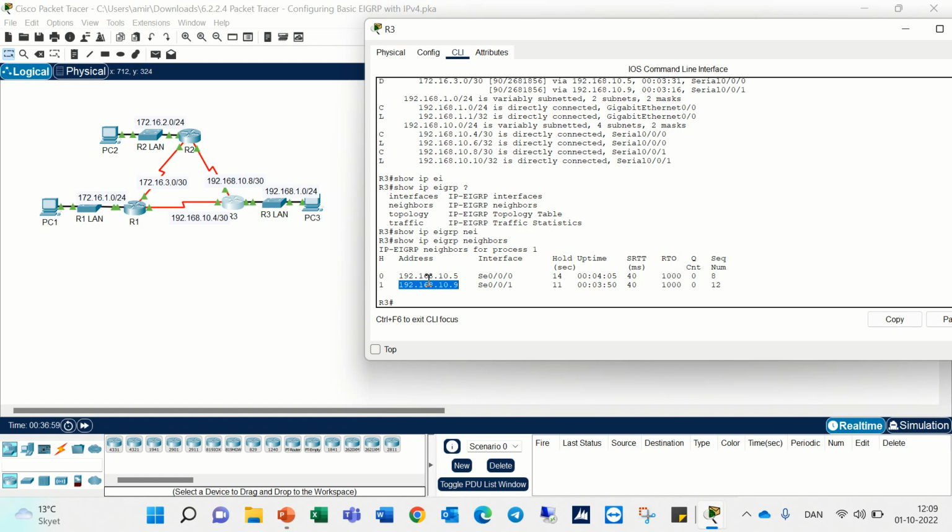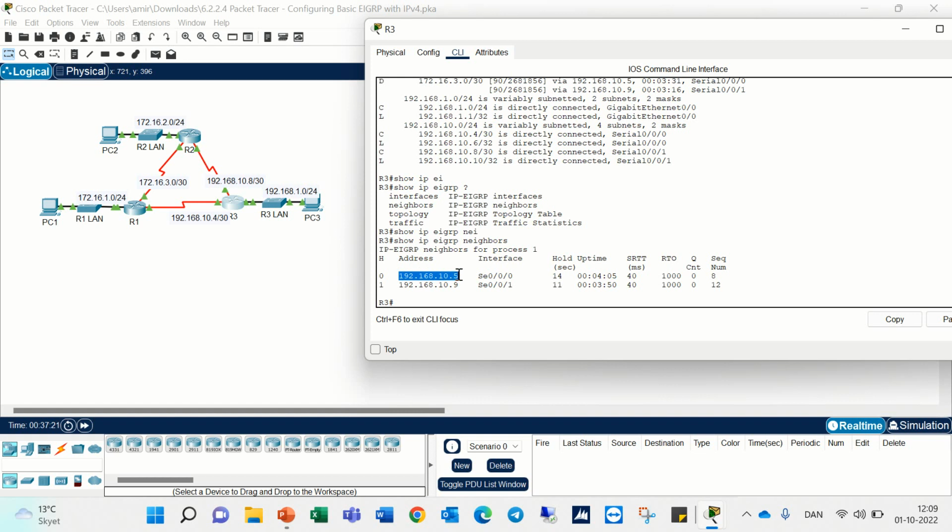And in this situation, we could not set it, and automatically router 3 has set them, and router 1 and router 2 set the highest IP address for router ID.